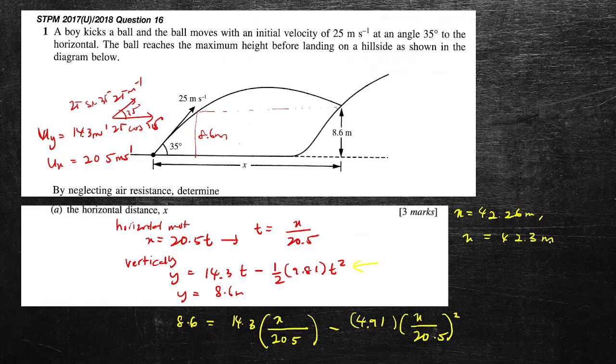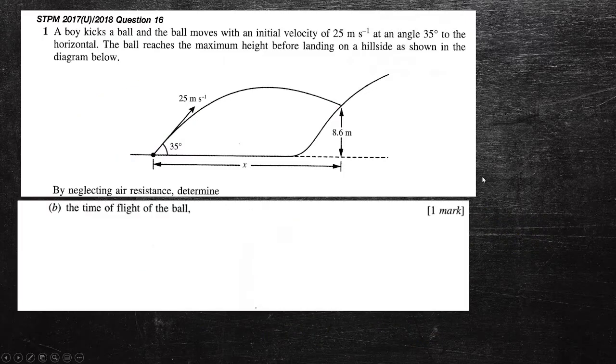Okay, so we are going to use 42.3 meter because 42.26 is on the left side and 42.3 meter is on the right side. Okay, so that will be the question number A. Now the time of flight of the ball, okay, so we use horizontal motion.